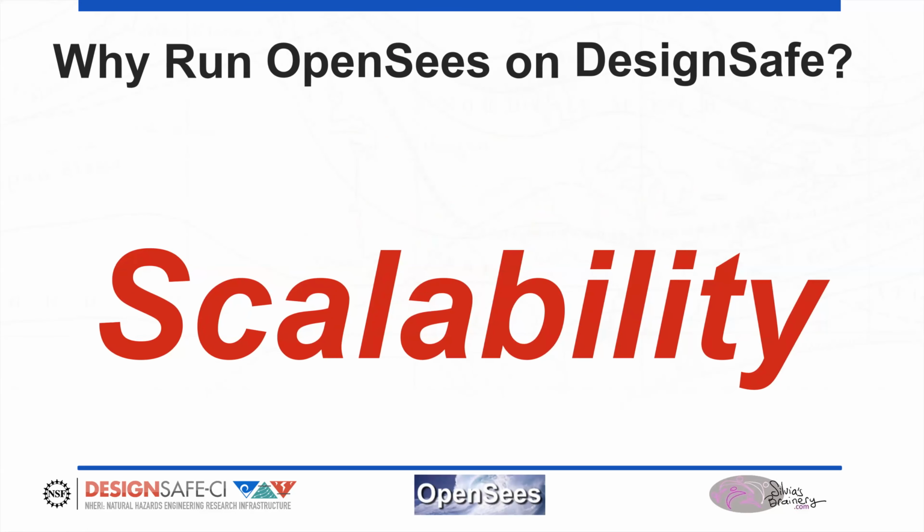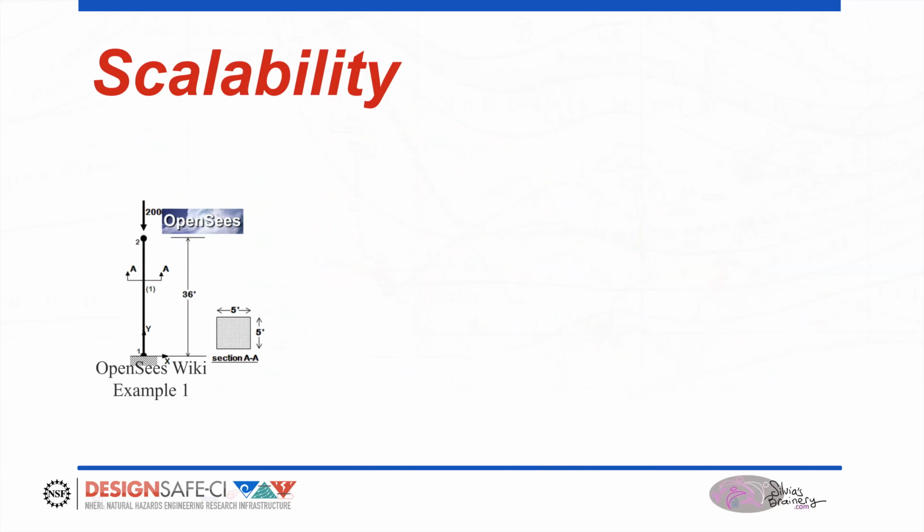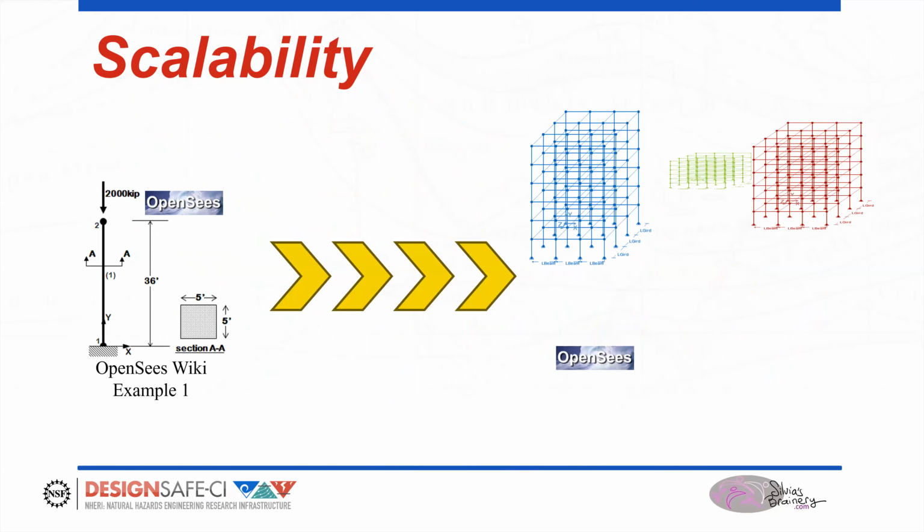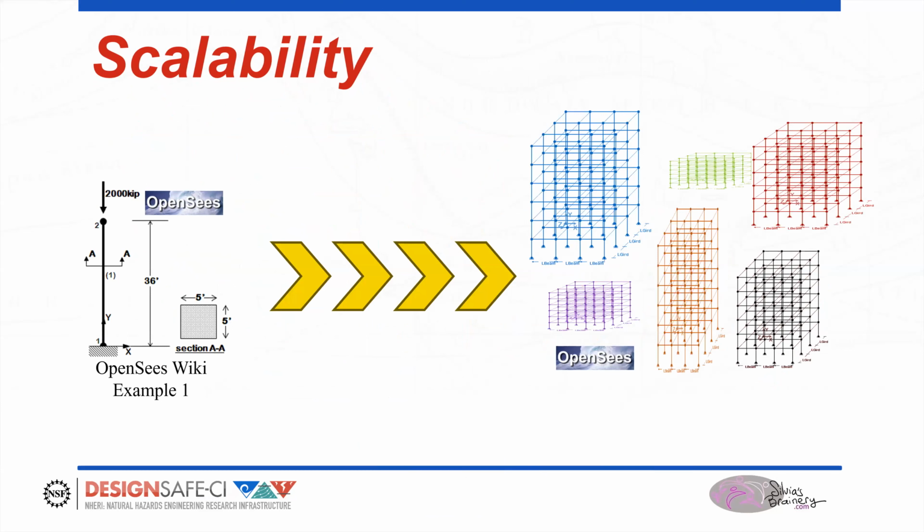And the key word is indeed scalability. You can really scale your model, your project, and what you're trying to do with your data, all within DesignSafe. I want you to keep that in mind as you think about where you're getting started with OpenSees and where you go on your journey. So what is scalability? Well, we start off with OpenSees Example 1 that I wrote over 20 years ago.